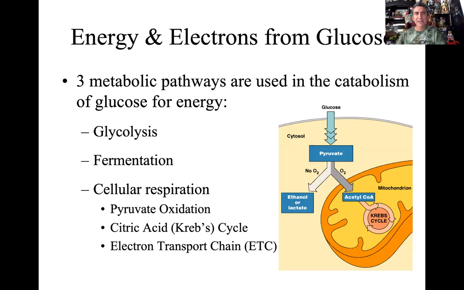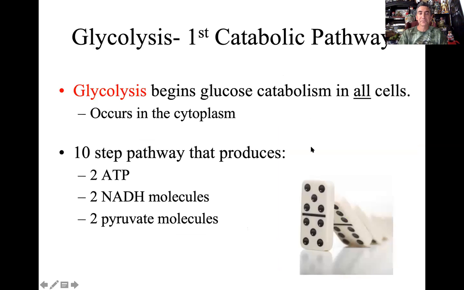We are going to eventually get into the mitochondria, but that's in a later pathway, right? So we're going to look at the 3 catabolic pathways that are used for the catabolism of glucose for energy: glycolysis, fermentation, and cellular respiration. Cellular respiration is made up of 3 sub-pathways, so it's a lot of stuff there, right? But right now we are in glycolysis. Right now we are out here in the cytoplasm.